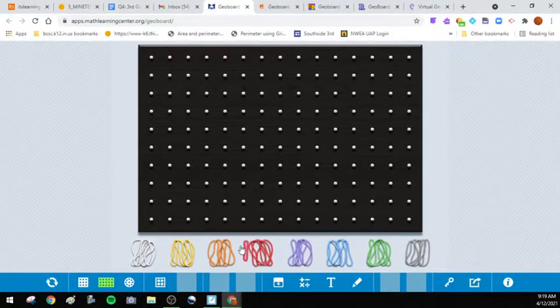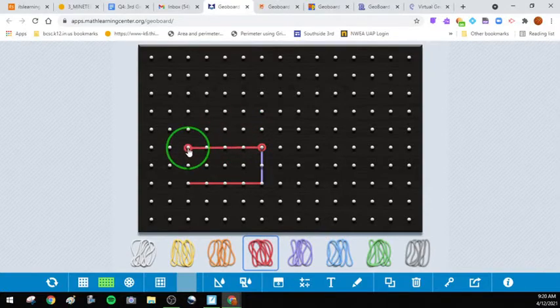So I'm going to go ahead and grab a rubber band here. All right, and make this 1, 2, 3, and 4. And then I had my 2 unit right here. So we'll go up 1 and 2. And then hang my 4 unit right there.